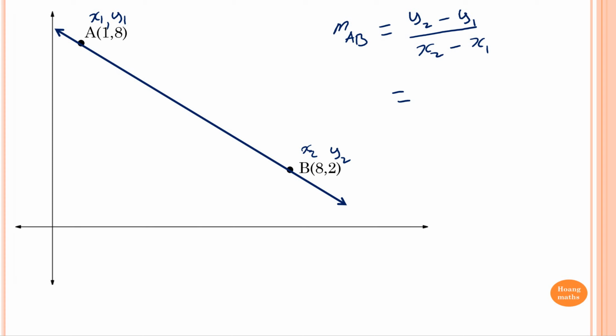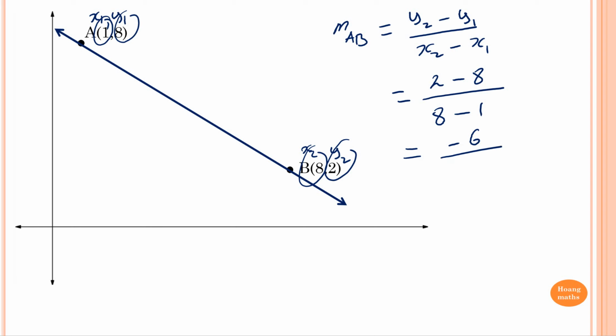So y2 is 2 minus y1 which is 8, all over x2 which is 8 minus x1 which is 1. So 2 minus 8 is minus 6, all over 8 minus 1 is 7. Therefore, the gradient of AB is negative 6 over 7.